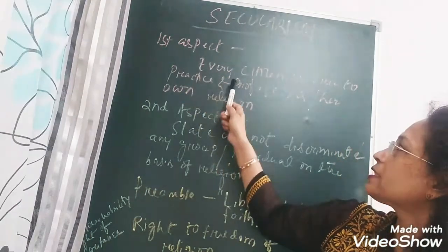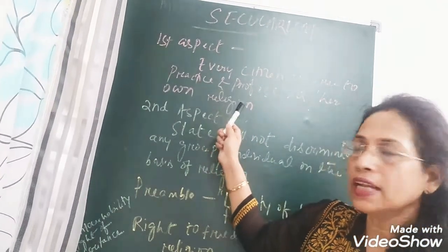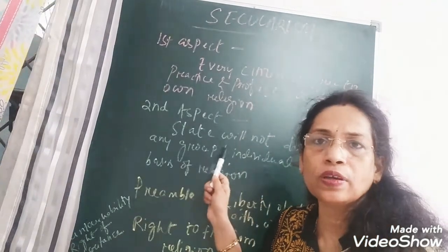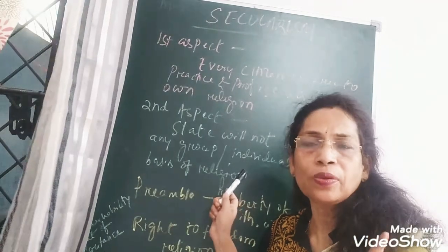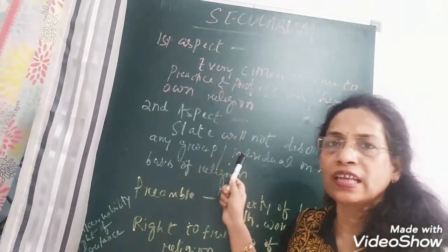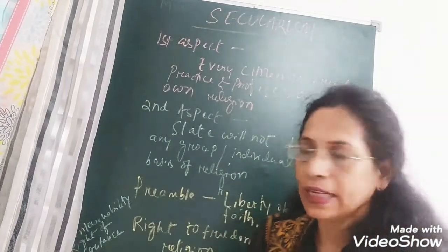The first aspect is that every citizen is free to practice and profess their own religion. Second, the state will not discriminate against any group or individual on the basis of religion. There should not be any discrimination on the basis of religion. So these are the two important aspects of secularism that you need to remember in class 8.